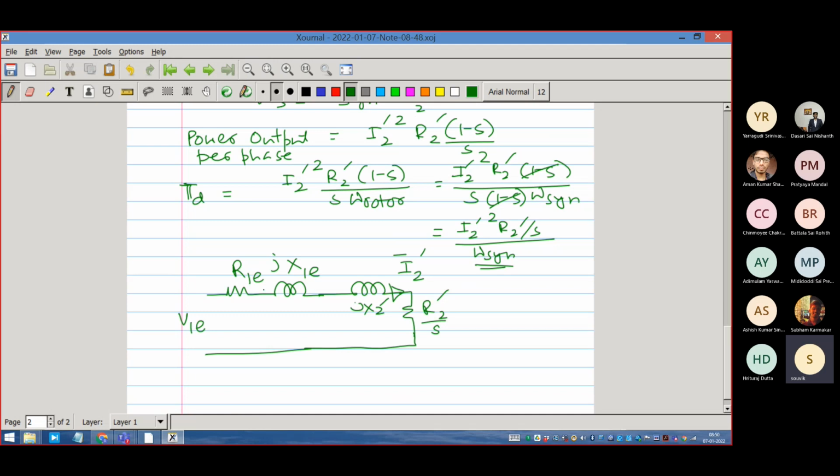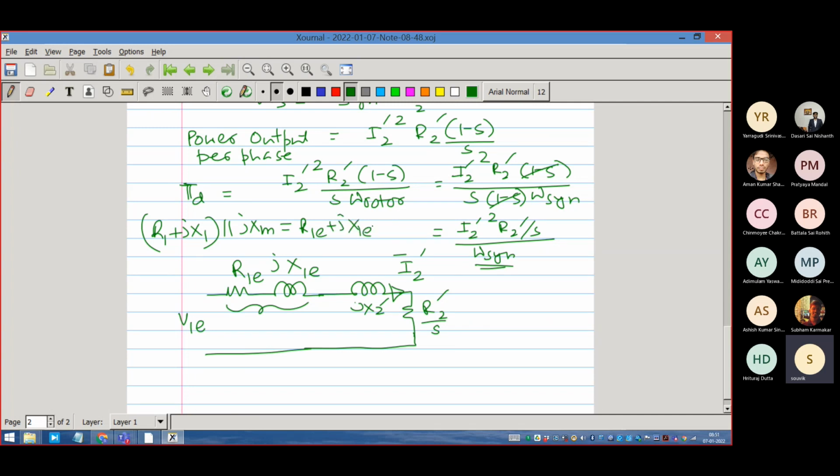And this Thevenin impedance is nothing but R1 plus jX1 in parallel with jXM, which would mean R1E plus jX1E. That is how we have to find it out.